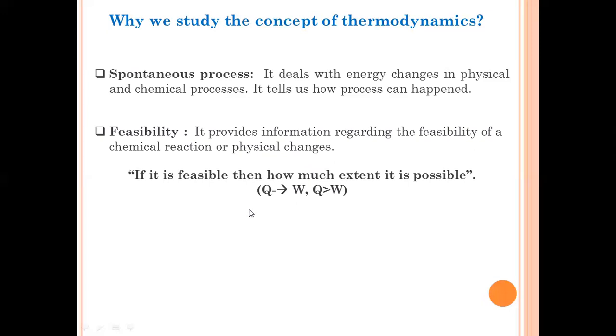Consider a system in which a certain quantity of heat is supplied and the system produces a useful work W. But in some cases, the heat supplied is not completely converted into work, and some heat is lost from the system.